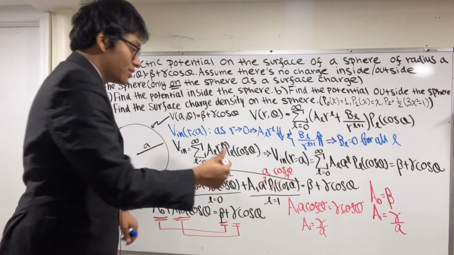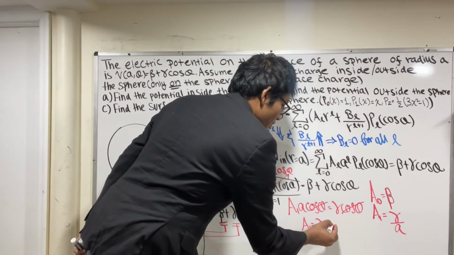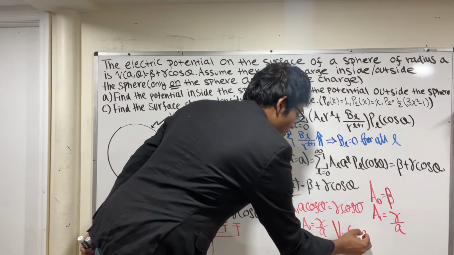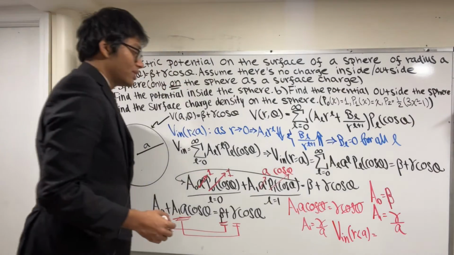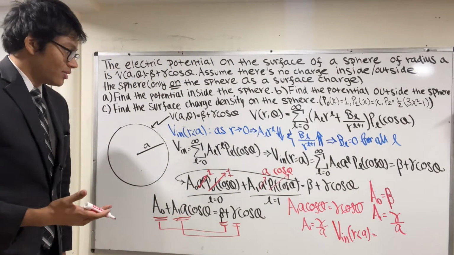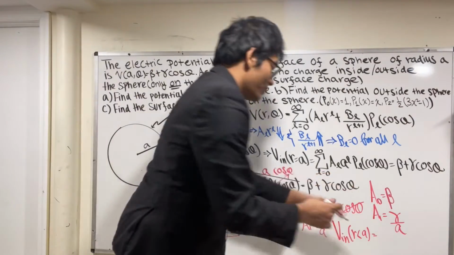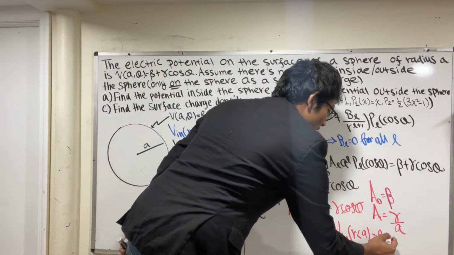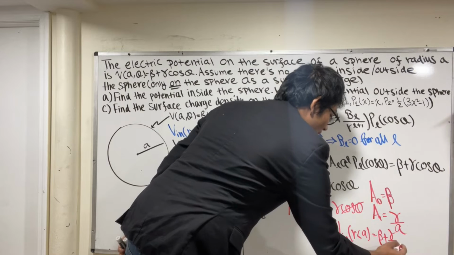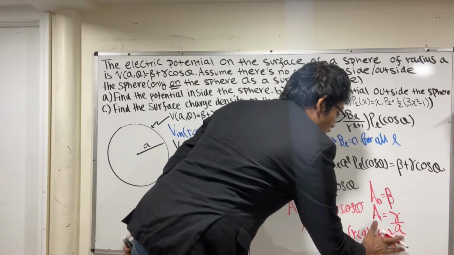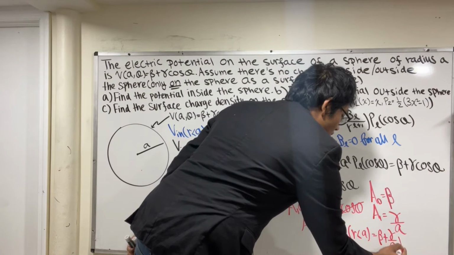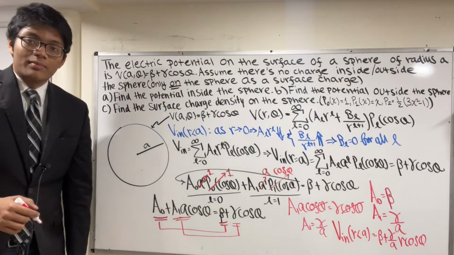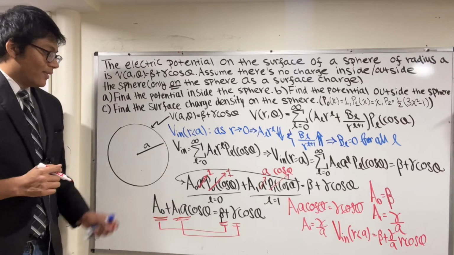Well, it's simply going to be V inside, which is R less than A, is going to be the first term, A sub 0, which is simply beta, plus the second term, A sub 1, which is gamma over A, times R cosine theta. This right here is our final electric potential inside our sphere.